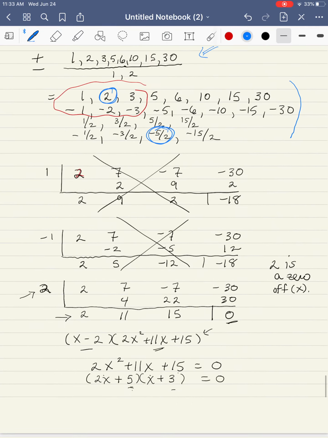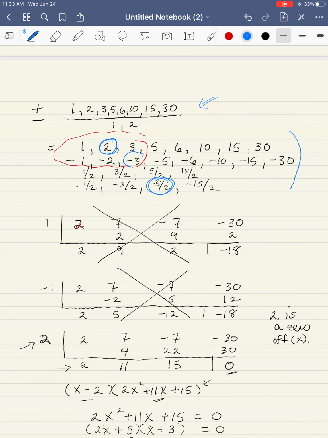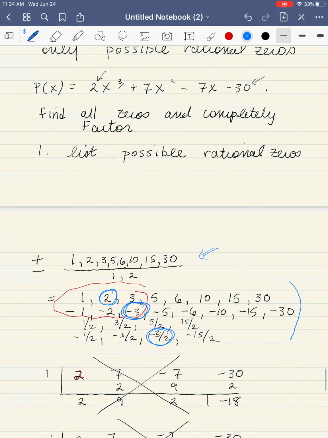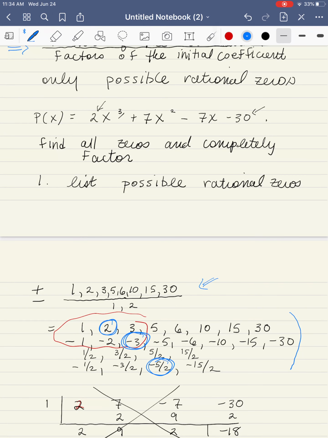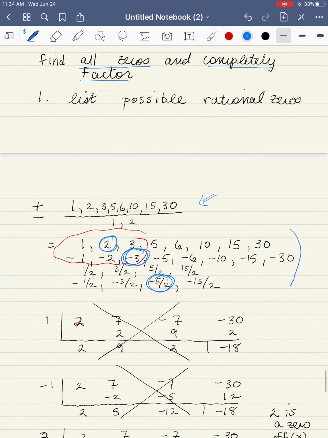And notice if I look back at my possible rational zeros list, there's the 2, there's the -5/2, and here is the -3. And all of those numbers were indeed on my possible rational zero list.